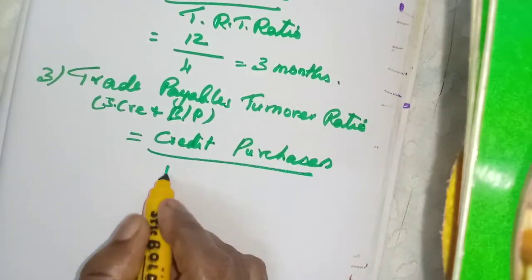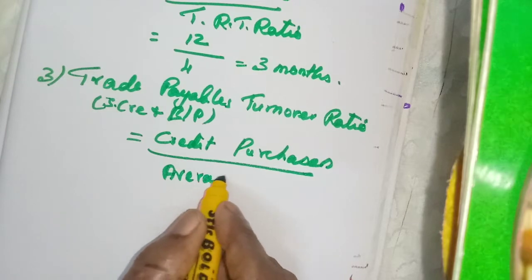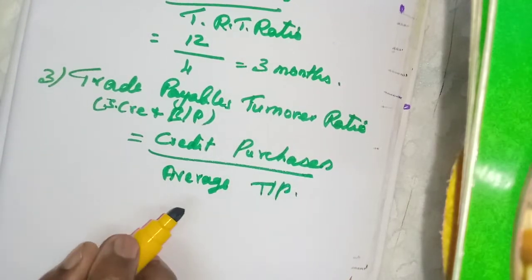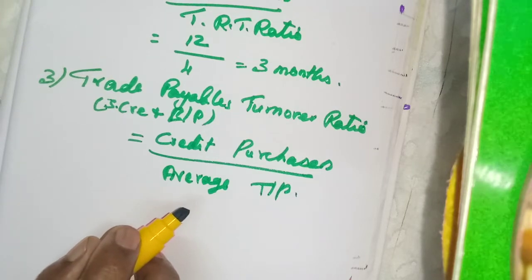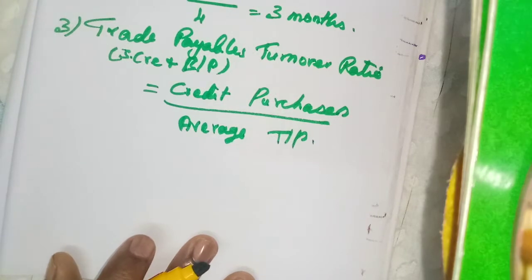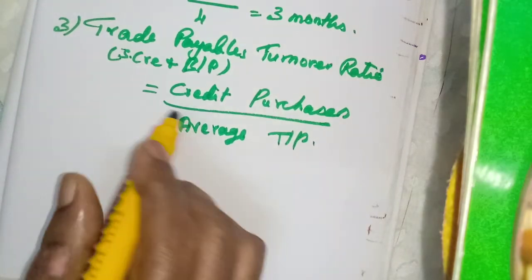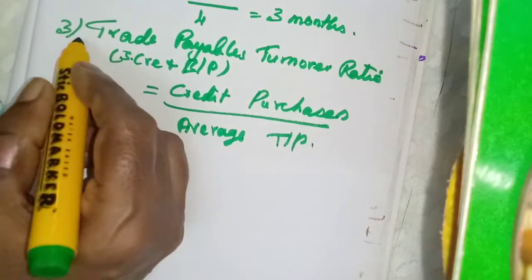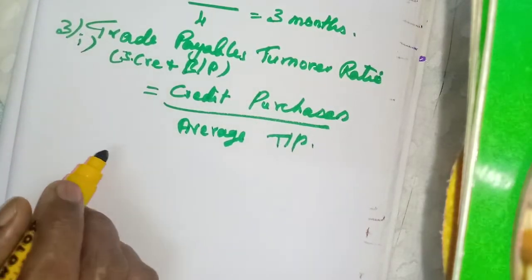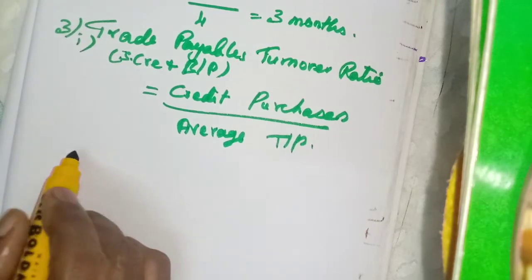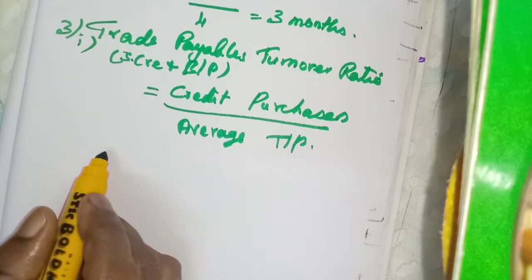Divided by average trade payables. Credit purchases they may give. Okay, so we will do the next problem. In the same method we have to calculate the credit payment period also, the debt collection period.